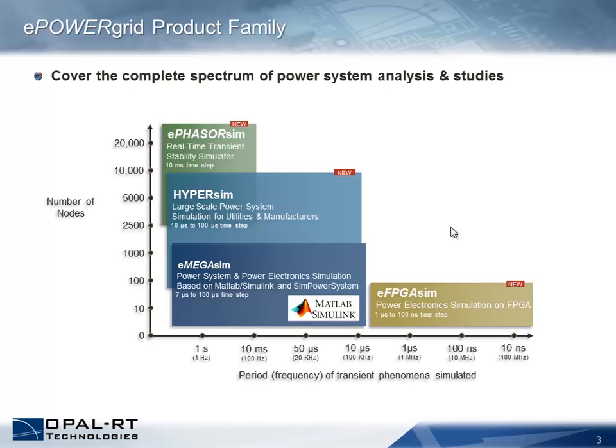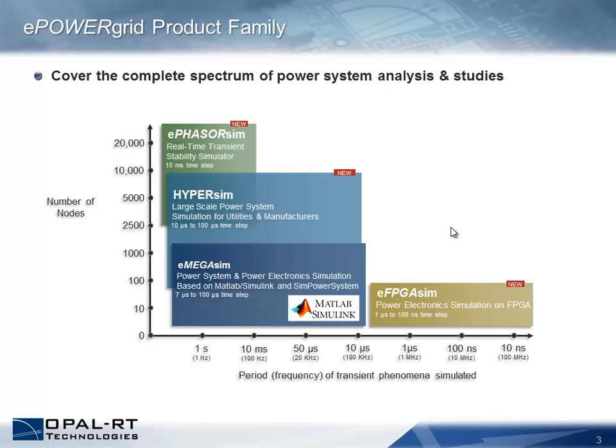Then we have our eMegaSim product, in which you can develop control. You can prototype your control devices. You can develop electromagnetic transient simulation studies, where you're going with a bigger time step, let's say of 10 microseconds, 50 microseconds, but you're going bigger on the number of nodes.